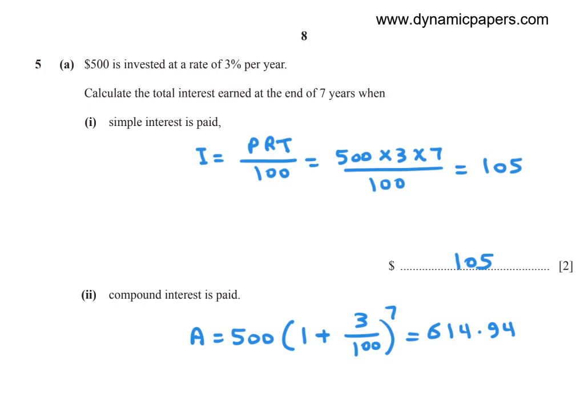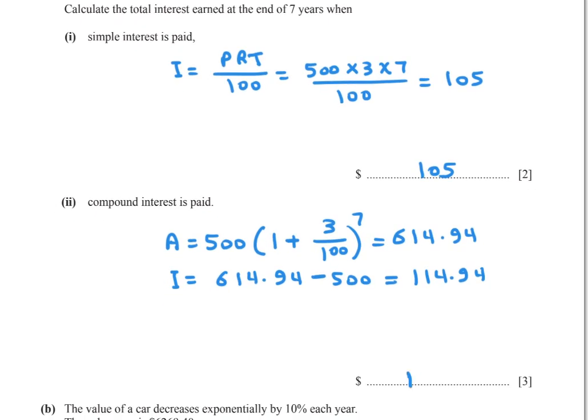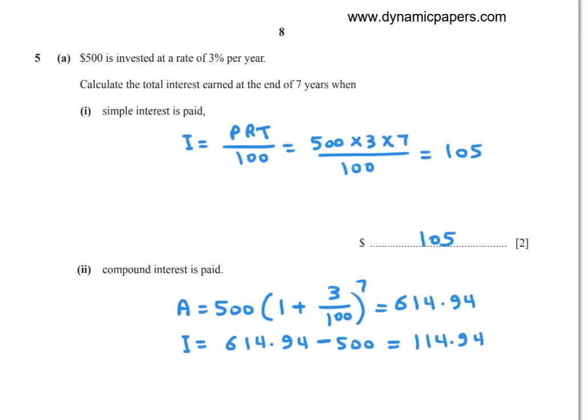Now, for the compound interest, subtract: 614.94 minus 500 equals 114.94. So the answer to three significant figures is $115. So take care: when it asks for the total interest, this means the interest itself, not the total amount.